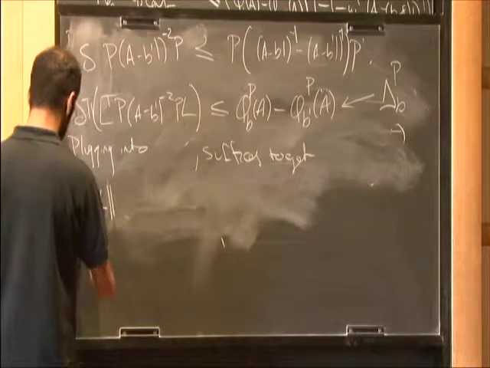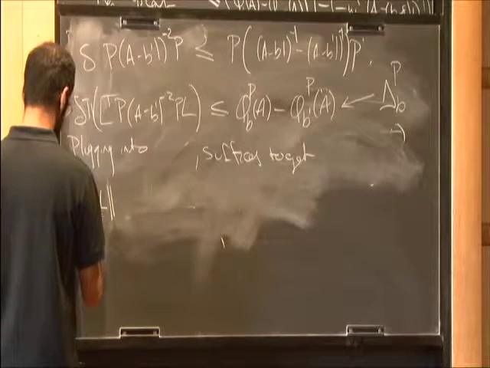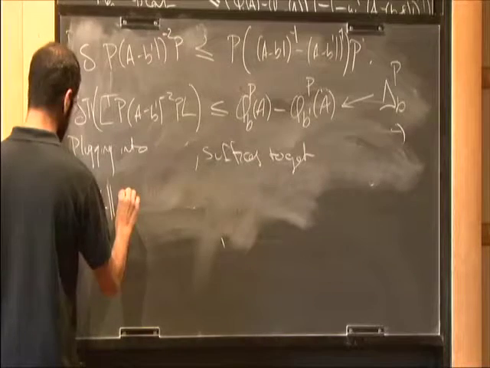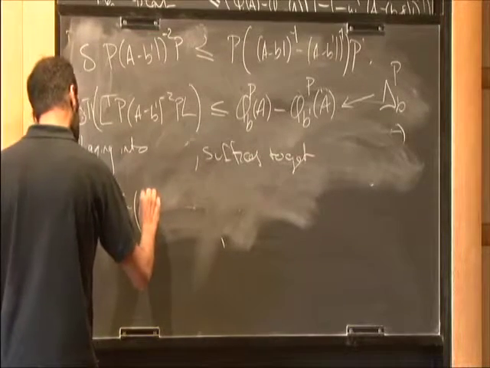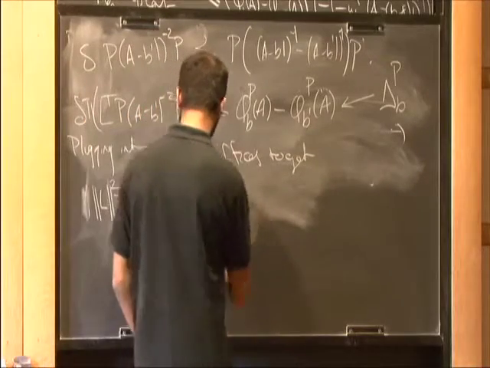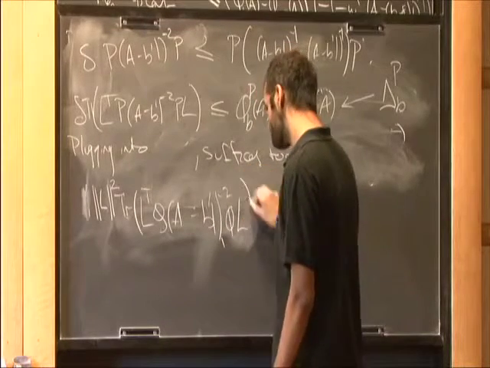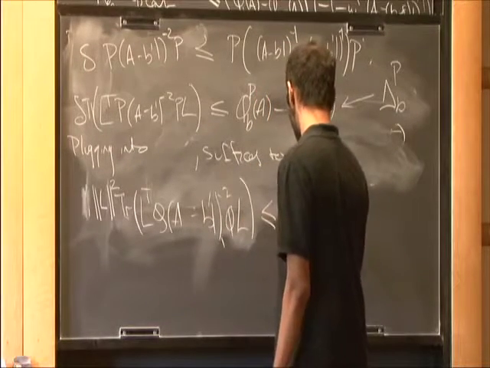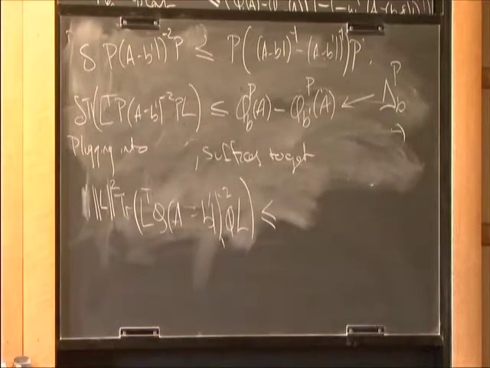It suffices to just deal with the Q part, basically. So it suffices to get L squared trace L transpose Q (A minus B prime I) at most this thing. So this is the quantity we're interested in.